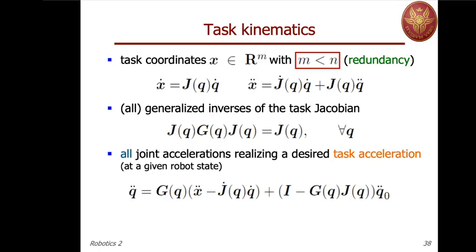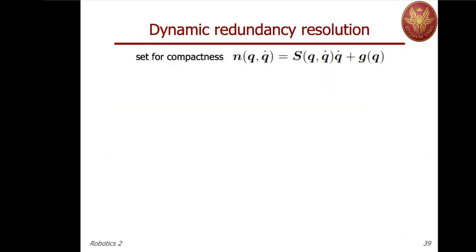So in the null space of a dynamic problem we have a torque that can be used for reacting. The task acceleration is given by x double dot, and these two terms are independent of each other. The first term realizes the desired task acceleration, while with the arbitrary joint acceleration we don't perturb what we are doing in the task space. And this is true for any generalized inverse.